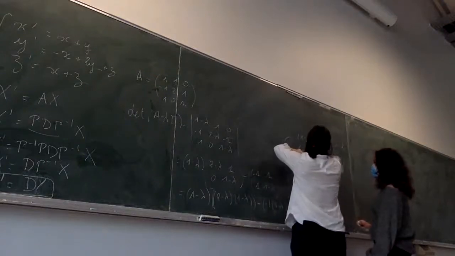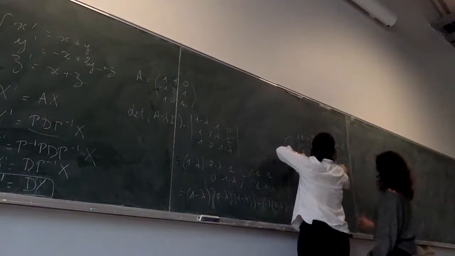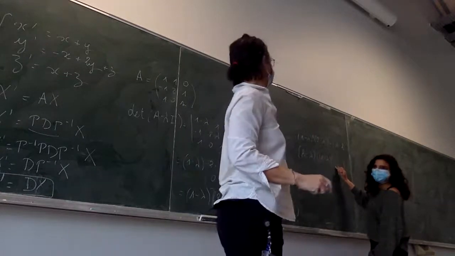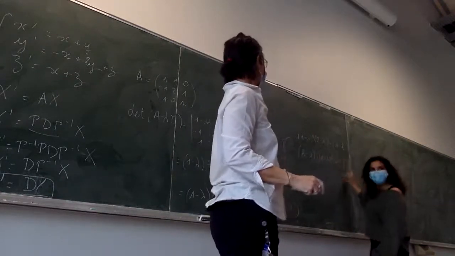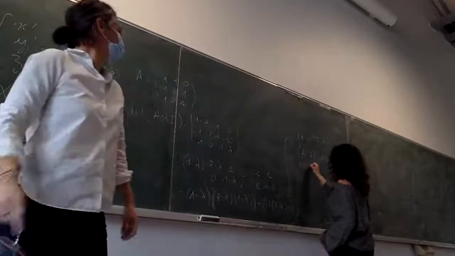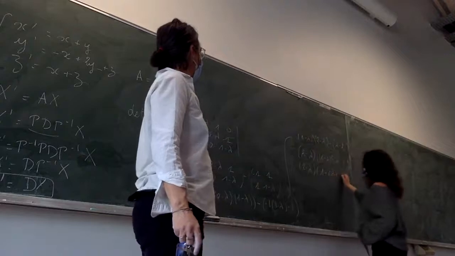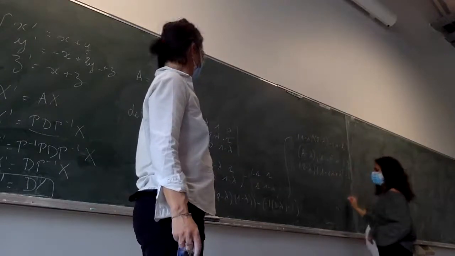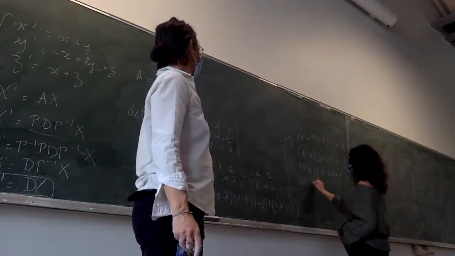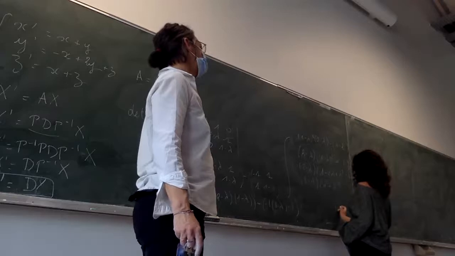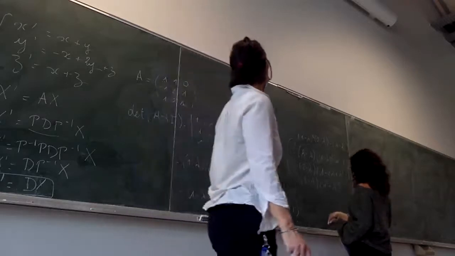So if I factor with 2 minus lambda, here I'm going to have minus 1. Minus 2 lambda.